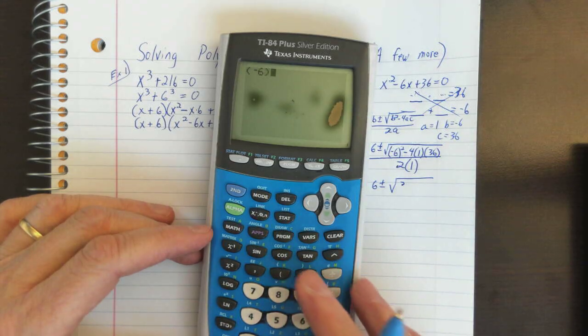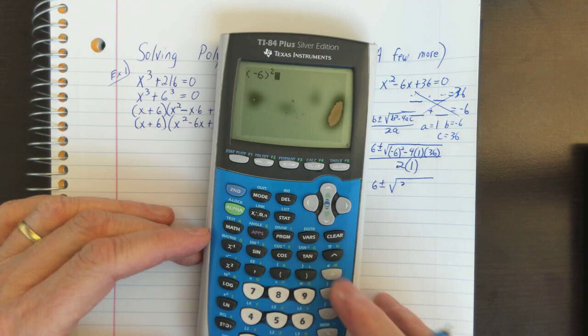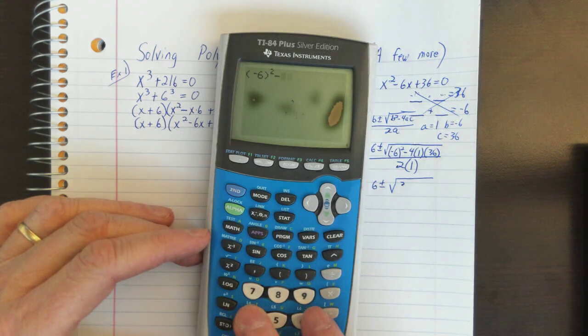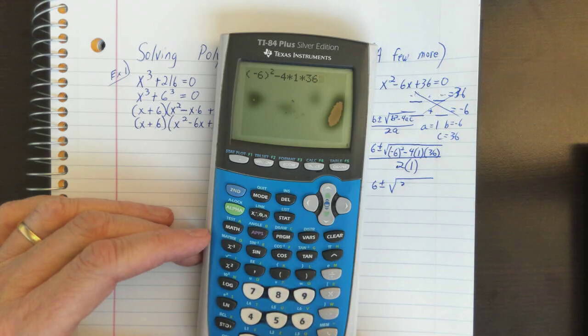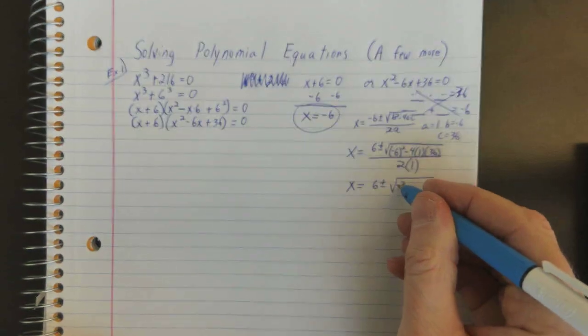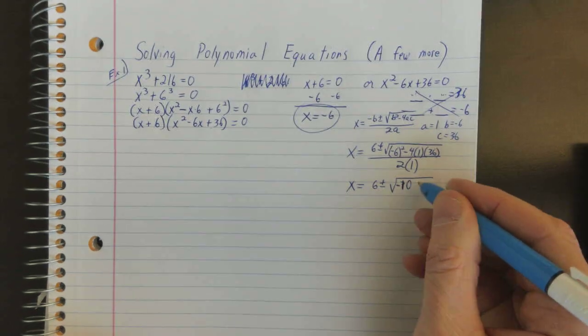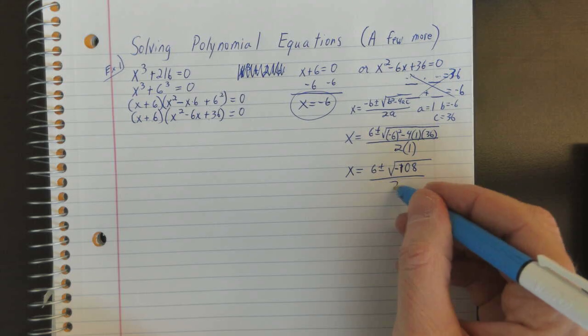Negative 6 squared minus 4 times 1 times 36, getting negative 108. 6 plus or minus the square root of negative 108 over 2.